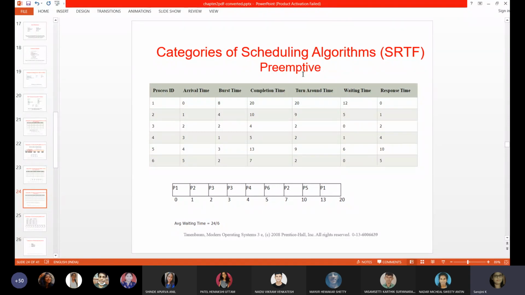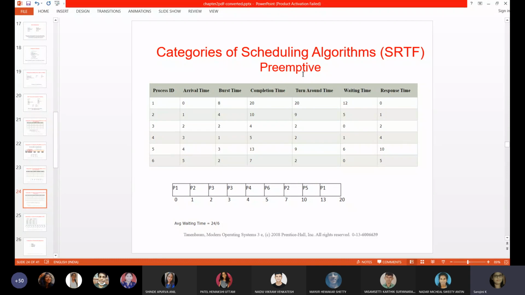Now, what is the CPU burst time of that process? It will not be 5, it will be 2, right? How 2? Because the total CPU burst time of that particular process is 5 milliseconds. It has completed its execution of 3 milliseconds. So remaining, 5 minus 3, 2 milliseconds will be its CPU burst time.